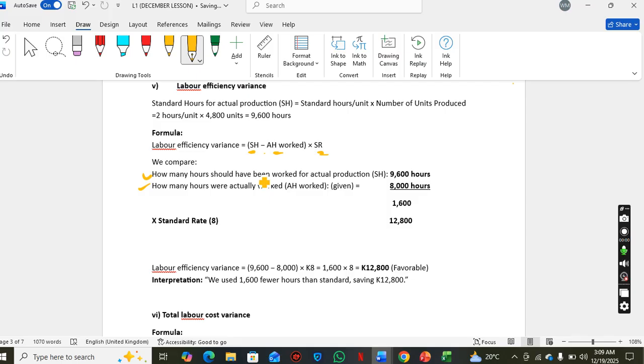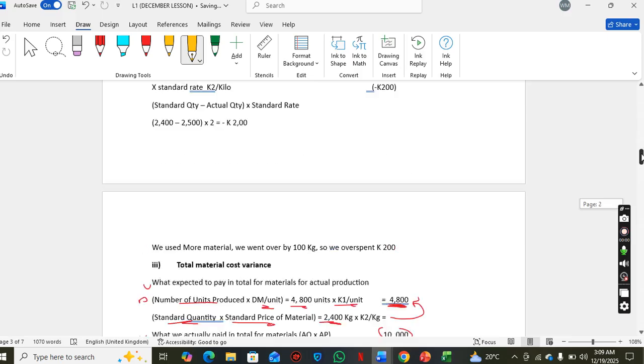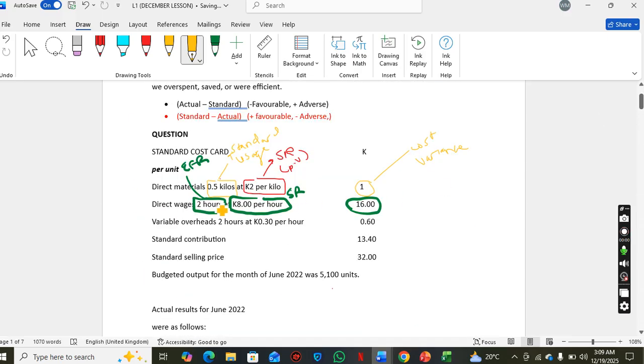Now we need to find out what our standard hours were for actual production. Basically, how many hours did we expect to work for actual production? So you get your standard hours per unit. As I said, for the labor efficiency variance, the standard hours per unit is 2 hours.